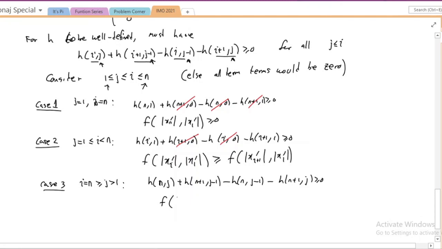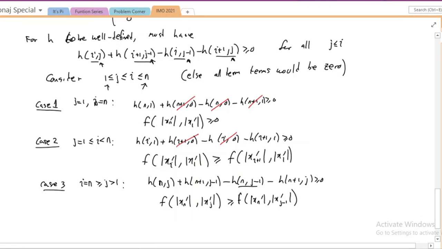We have x_n, so x_n j prime greater than or equal to f of x_n prime, j, so this one j minus 1.